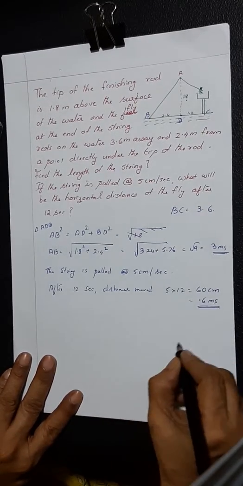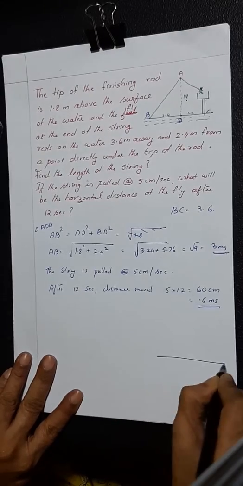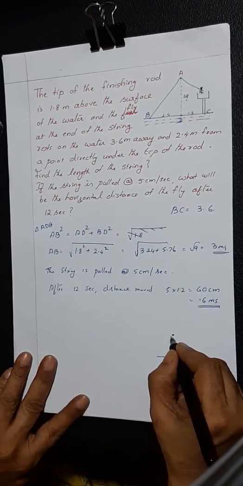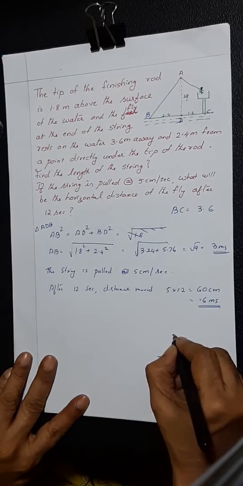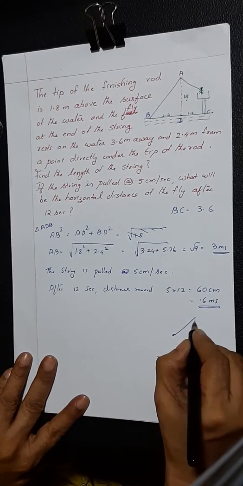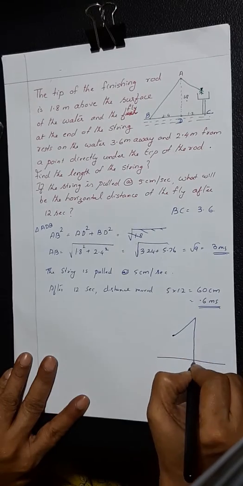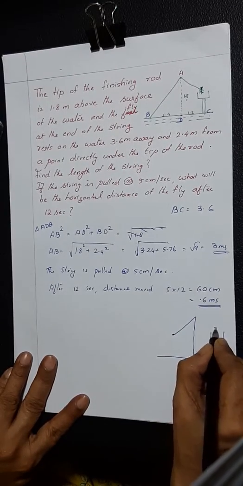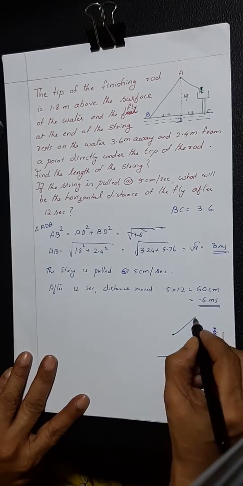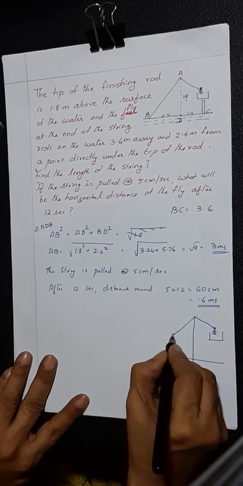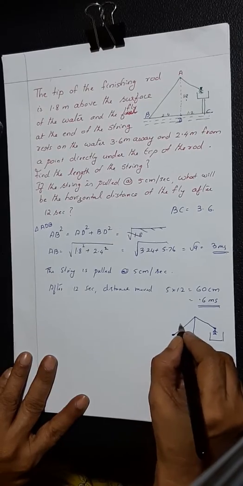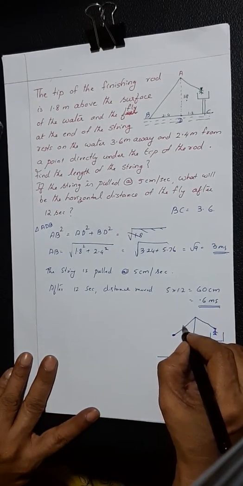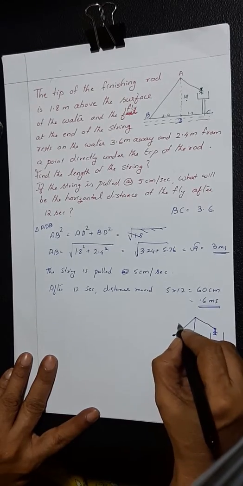Now the figure will be like this. The string is at this point, and the fly is at this point, and this distance will be 2.4.